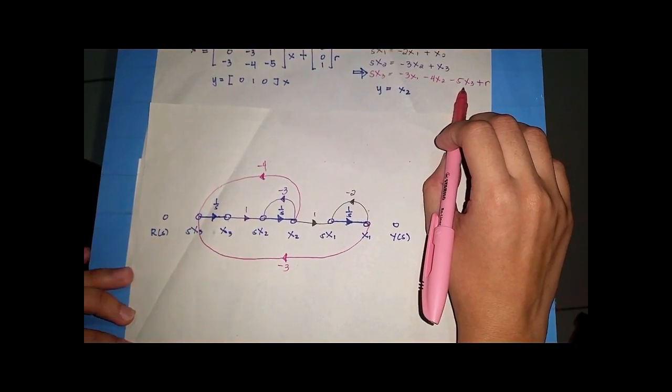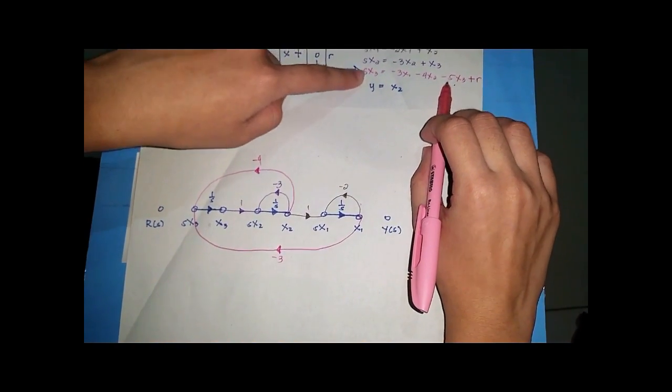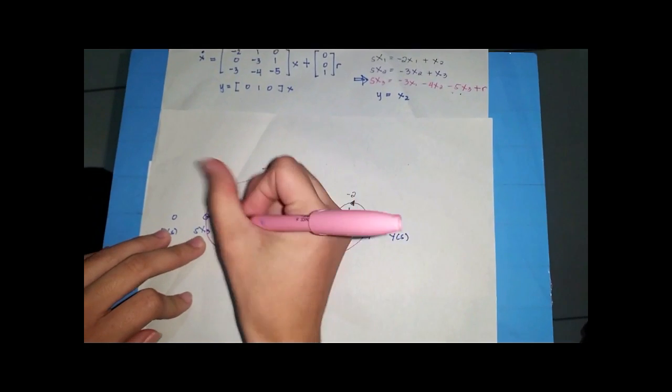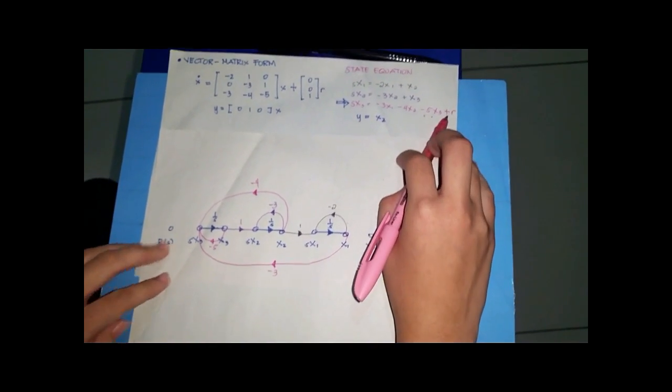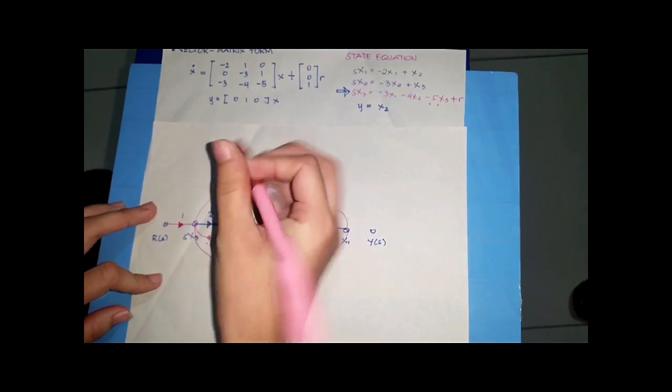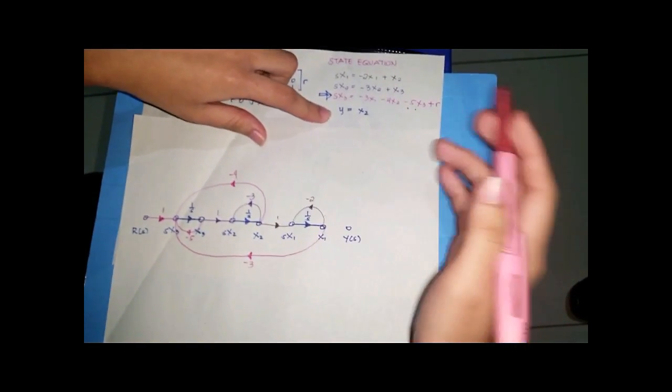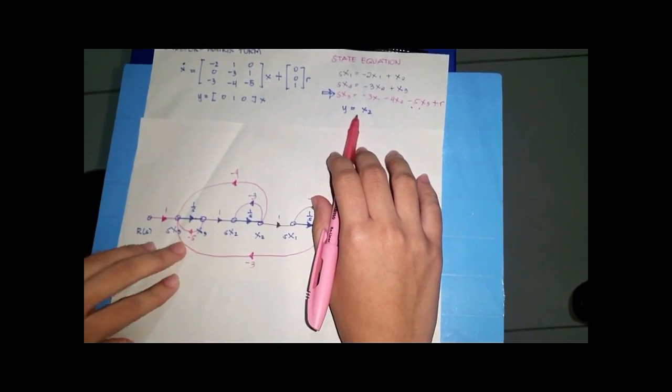From x sub 3 to sx sub 3, we have a signal of negative 5. And lastly, we have r to sx sub 3. And for our output, we have x sub 2.